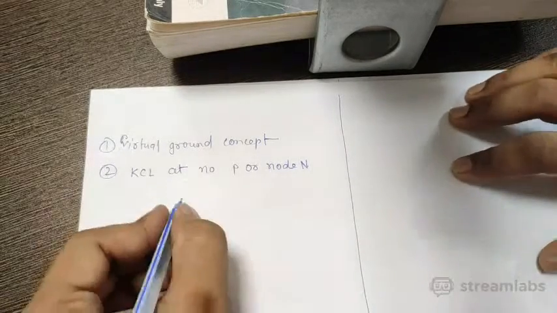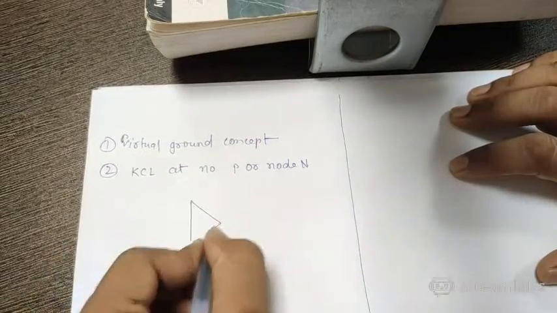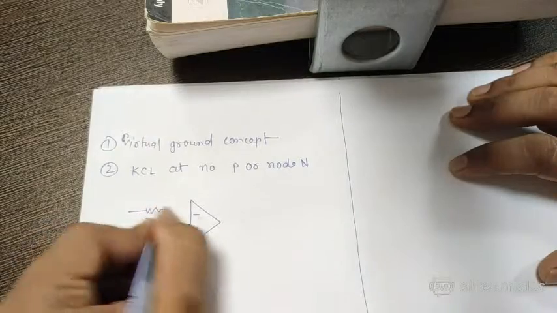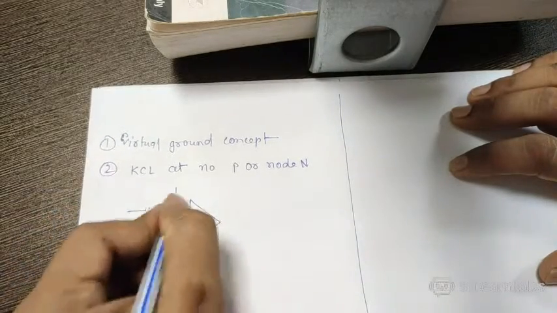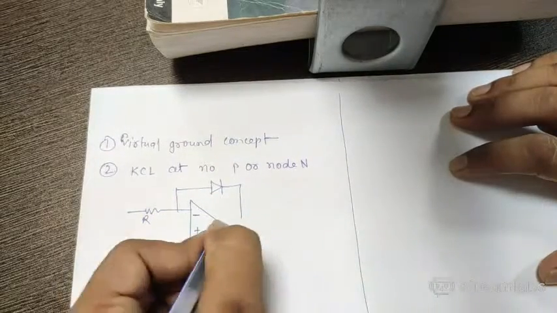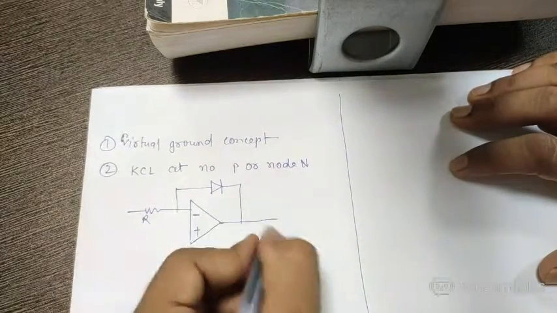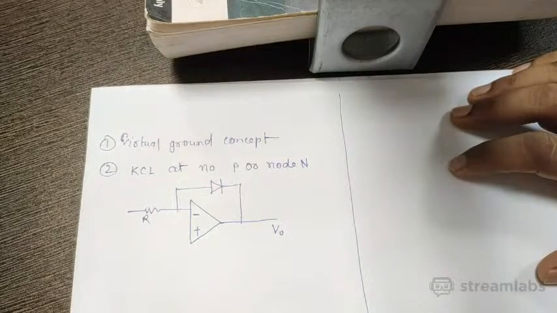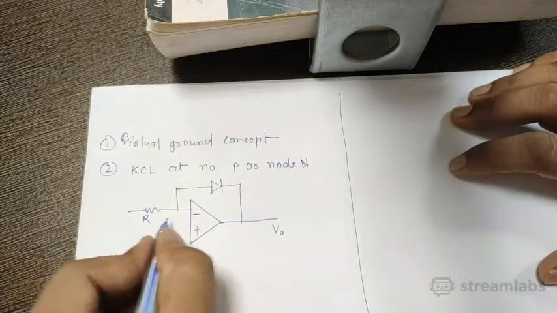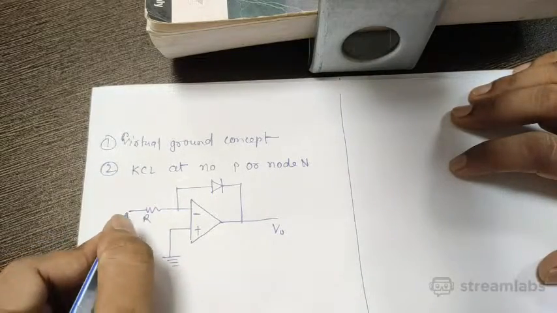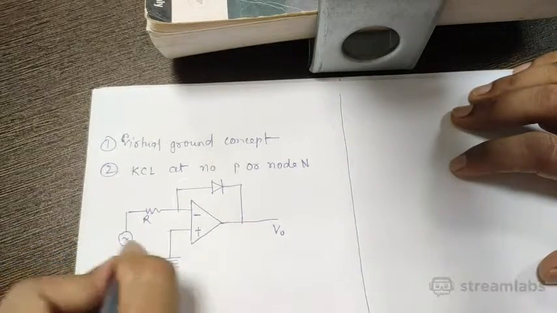Let us consider one circuit like this. Resistance R, a new device connected in the feedback like this, and the positive terminal directly grounded, the negative terminal having a sinusoidal input voltage Vin.